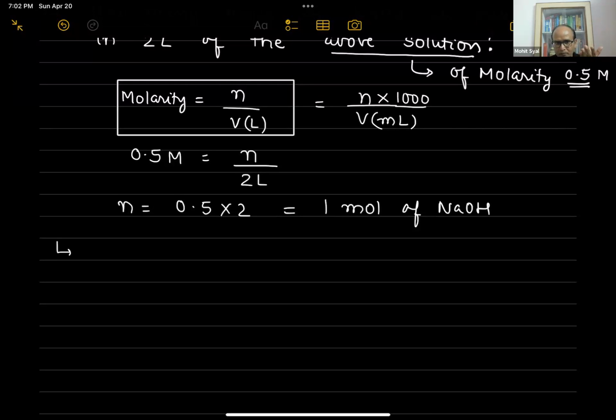Is it going to be more or is it going to come down? What is the answer? The volume will increase, so molarity will decrease. So molarity can change with dilution, or addition or removal of solvent.